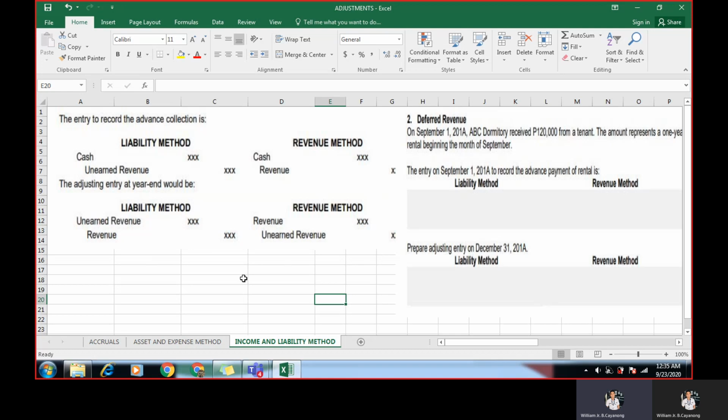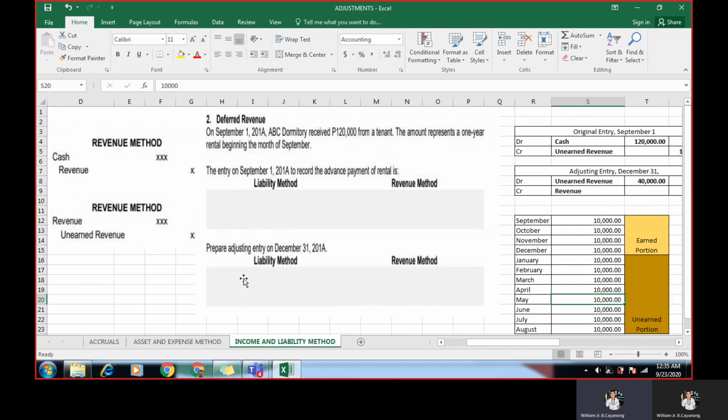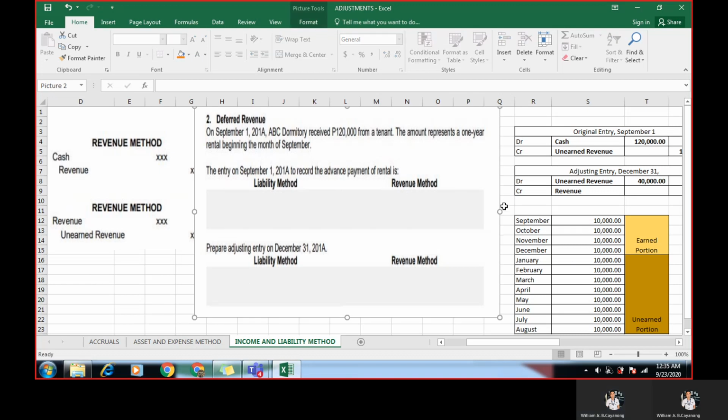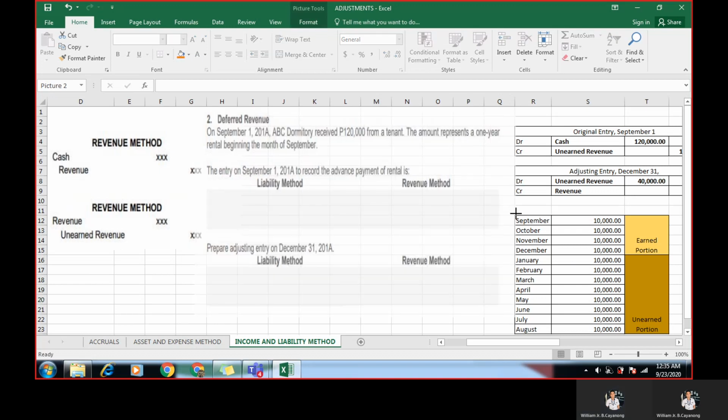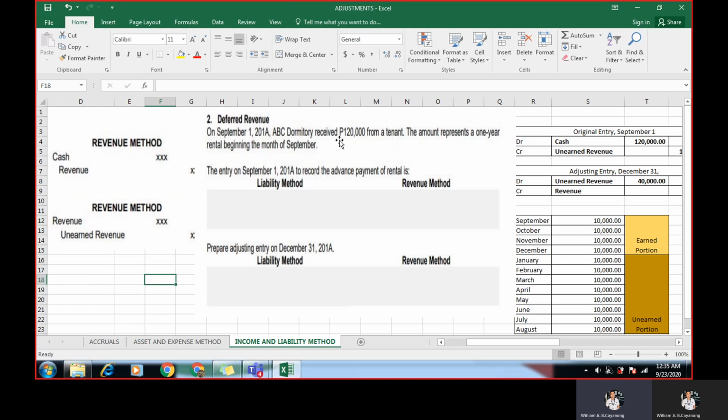Okay, so we have here an example, and we are going to apply the two methods for this. On September 1, ABC Dormitory received 120,000 from a tenant. So this 120,000 is an advance payment from a tenant.